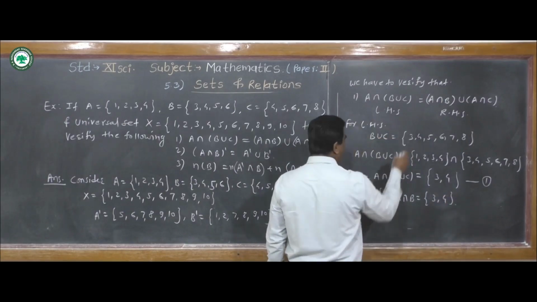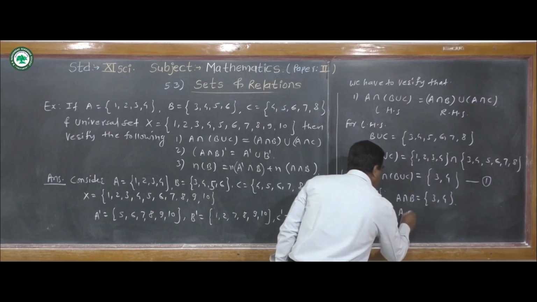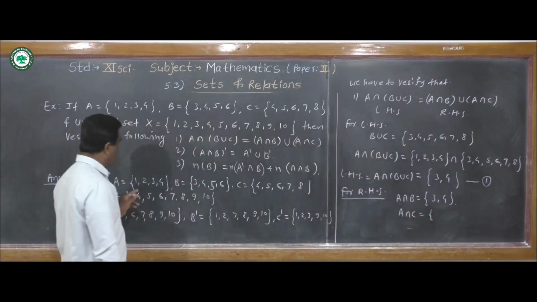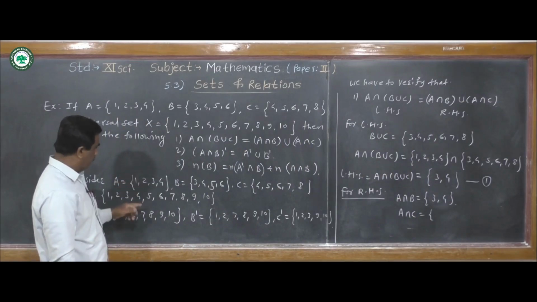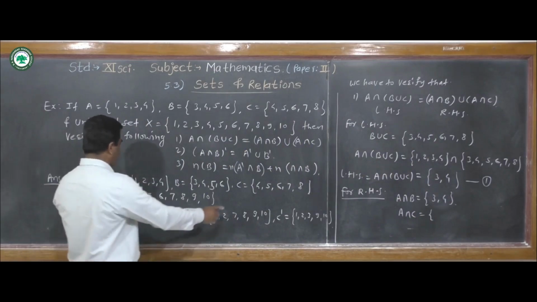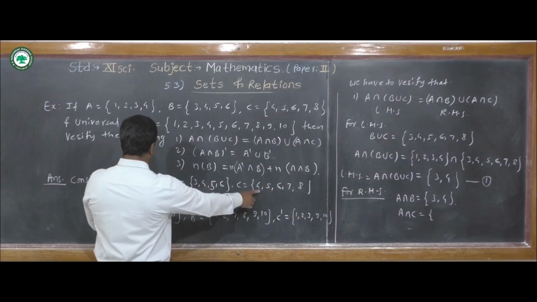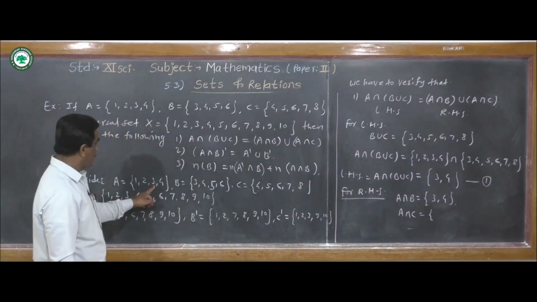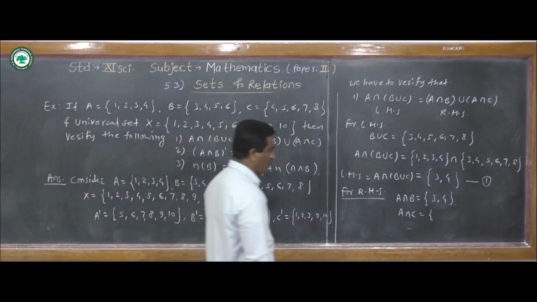Now we have to write A intersection C. A intersection C is equal to, in curly brackets, set A and set C. There is only one element common: 4. A intersection C is equal to {4}.